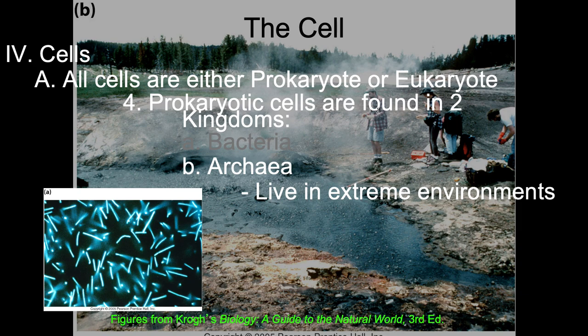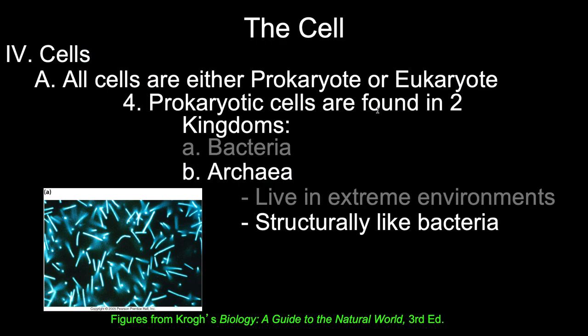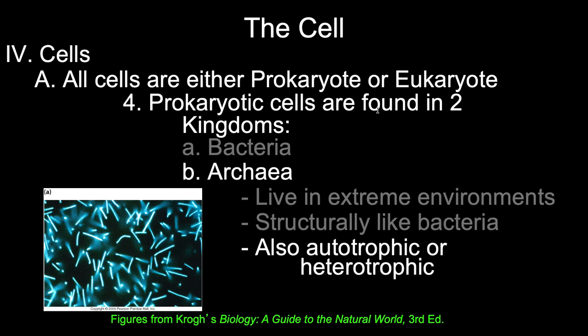They can live in these extreme environments. Another thing that makes them very distinctive is their DNA. So their DNA sequence is actually more like our eukaryotic organisms than it is like bacteria. So even though they're structurally like bacteria, they're genetically different. Some of them are also autotrophic. Some of them can rely on resources in the environment, maybe not even the sun.